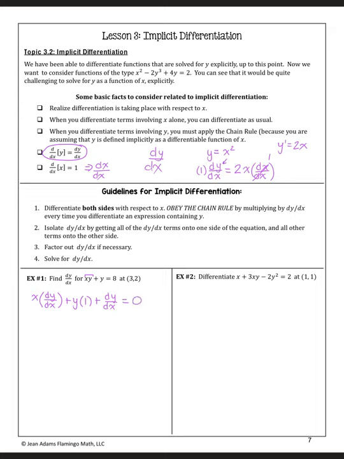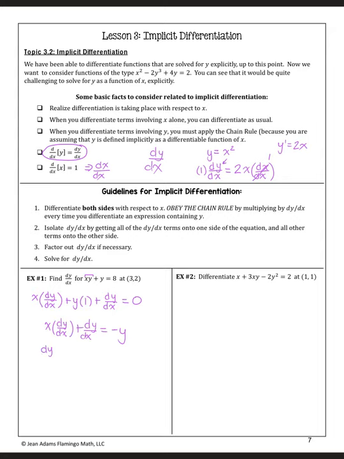Now I need to find dy dx. I'm going to get all of my values that involve dy dx on one side and everything else on the other. So I have x dy dx plus dy dx is equal to negative y.